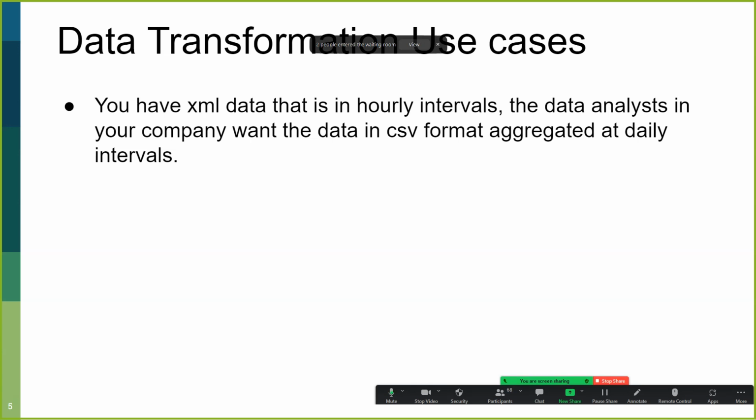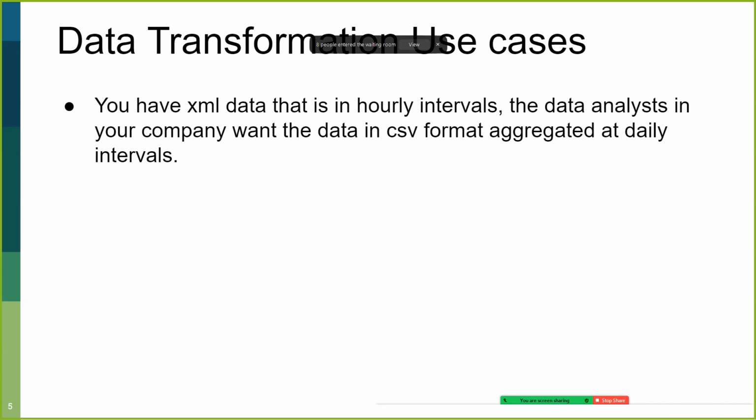So you want to automate the data conversion from XML to CSV and aggregate it to daily intervals. You could be responsible to do that using MuleSoft rather than someone reading it in and running some code every time. You can create a Mule application that does this transformation and aggregation for you.